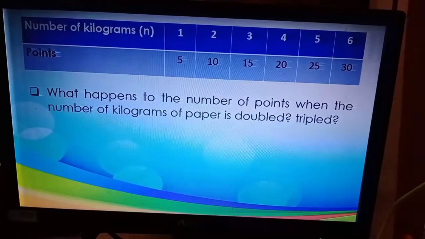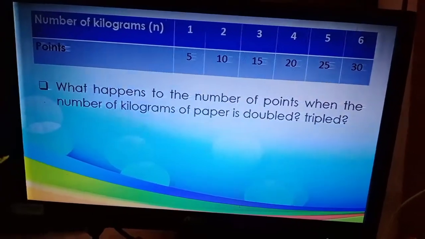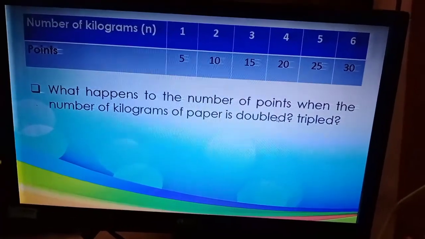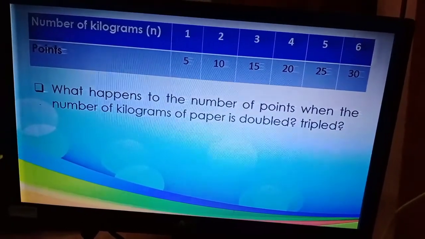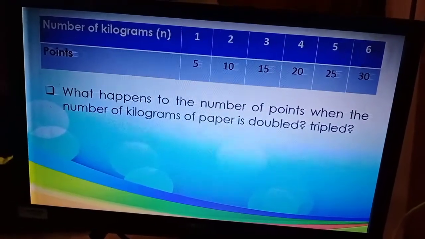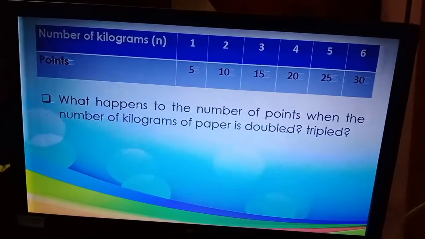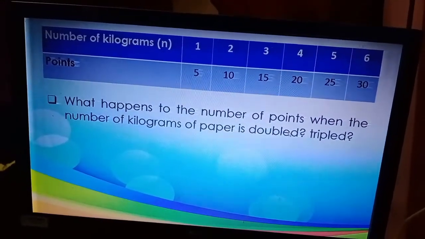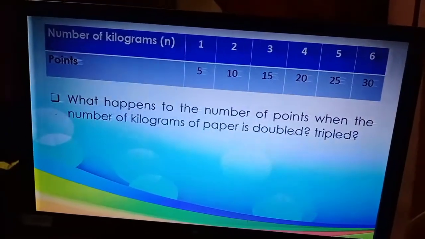As you can see here, when the number of kilograms is 1, we have 5 points, and when it doubles to 2, the number of points becomes 10. It's very clear that it's also doubled. When it is tripled, we have 3 kilograms, and 5 becomes 15.